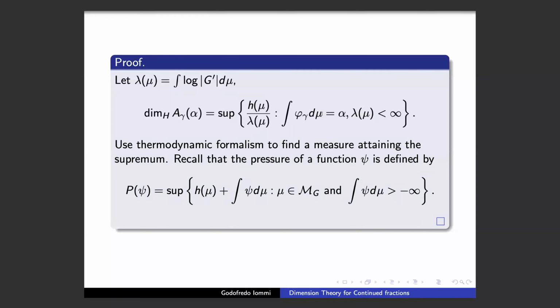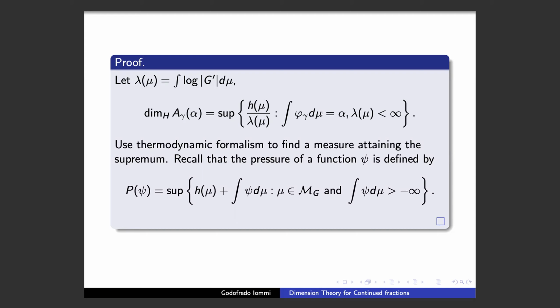So I'll give you a hint of how you would find such a measure, but before that I need to recall what the pressure is. For the purposes of this talk, the pressure will be defined by this variational formula.